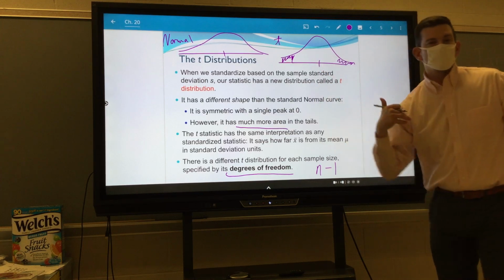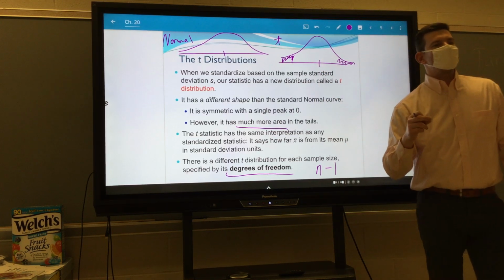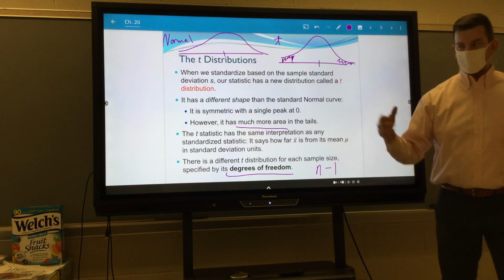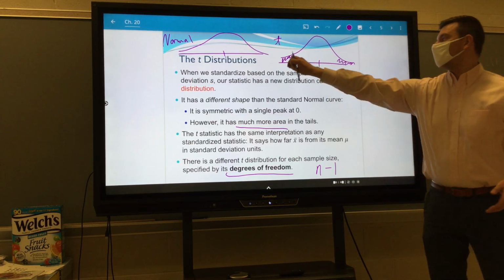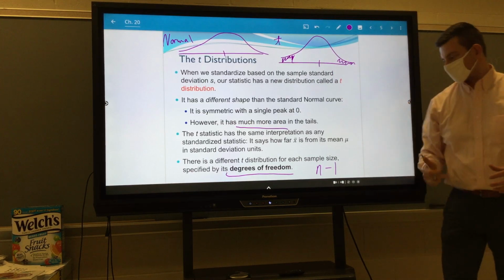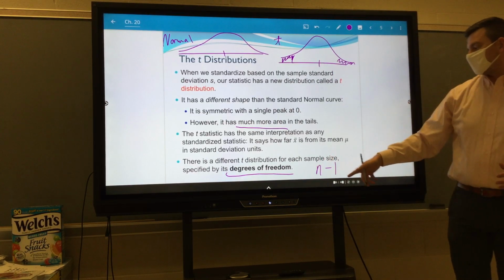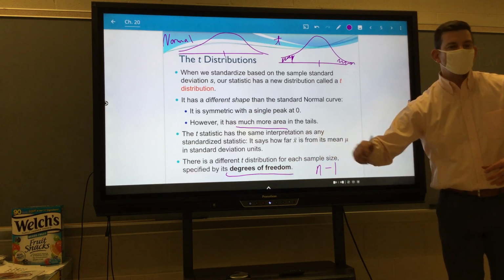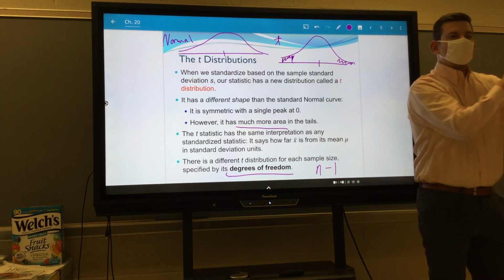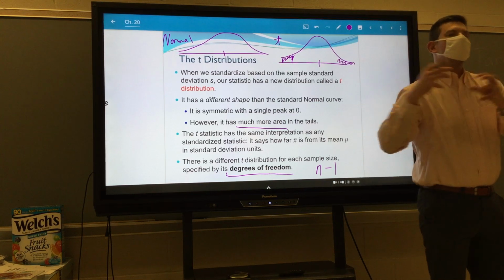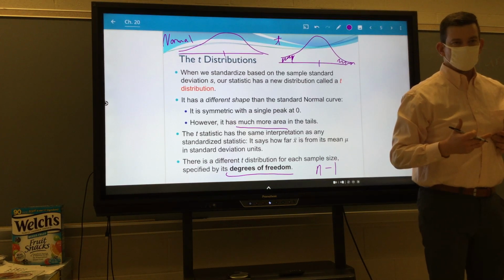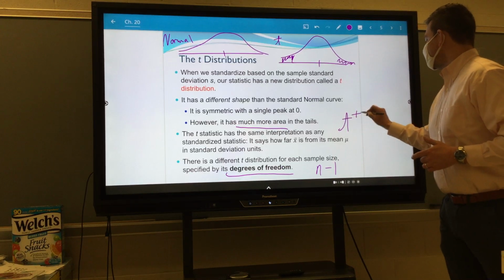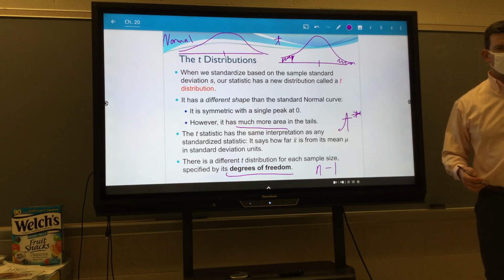With a t distribution, the sample size gives it a new distribution. Okay? It gives it a new height, it gives it more area on the extremes. So we need to use the degrees of freedom to help us get that number of standard deviations above and below when we're creating a confidence interval. We use the degrees of freedom to help us get this t star value.